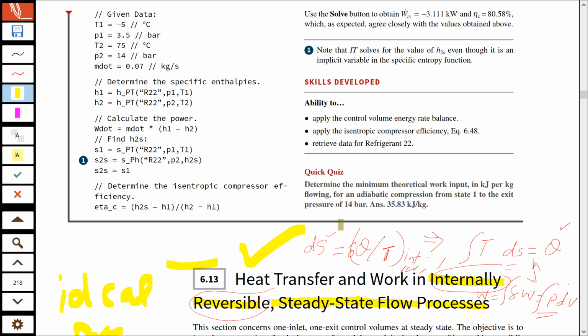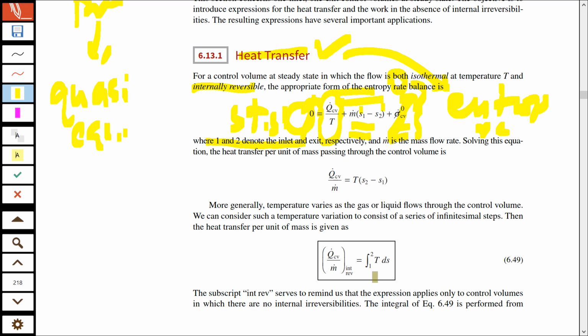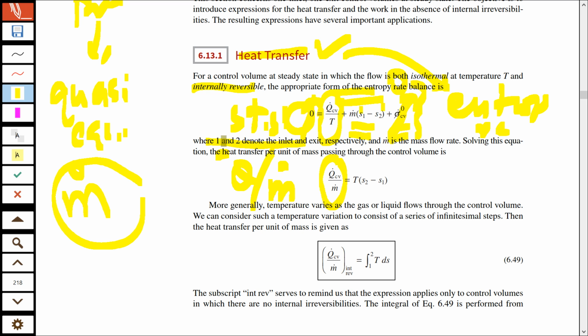So if there is a flow process, this also means that there is mass transfer, so you can expect m dot in your equations. Now when that m dot divides your heat transfer rate, so you start with heat transfer rate, you divide that by m dot. So whenever you see this ratio, it should remind you that you are talking about some flow process.